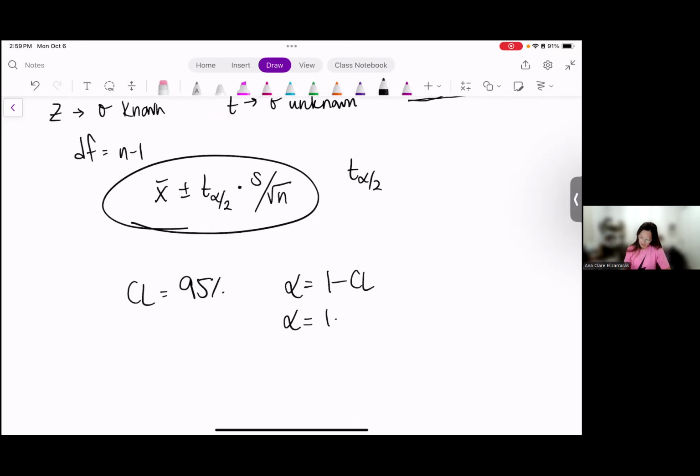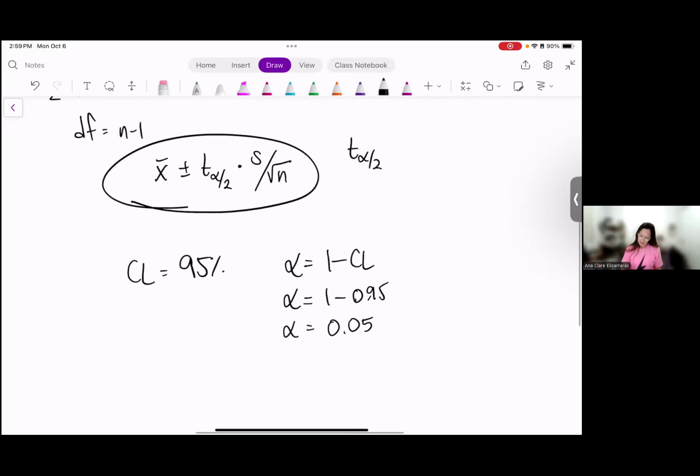So 1 minus 0.95 is 0.05. Why did I do 0.95? You could do 100% minus 95%, but 1 was in decimal and 100% wasn't, so I wanted to make them in equal formats. But then I have alpha over 2. What does that mean? It means split this in half.